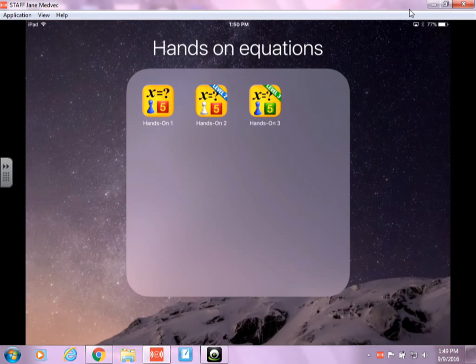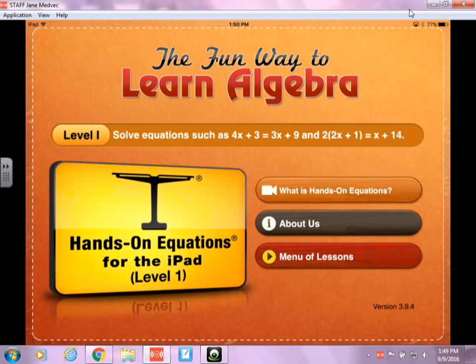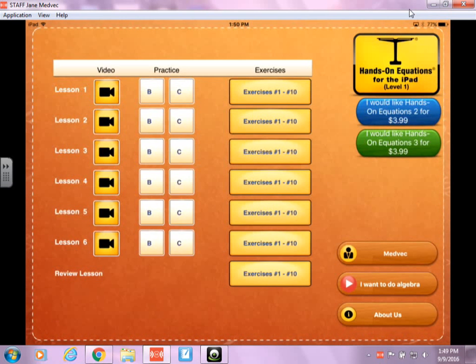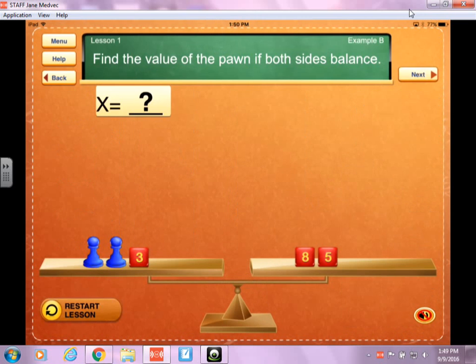Okay? Yesterday, we started downloading Hands-On Equations, and it looked like this. I'm going to help you later, and I'm going to get you through the menu. And we're going to do exercise B first. Now, if you take a look at this, you're going to notice that there are 2 little pawns. Do you see that? And they're blue. Do I know what they're worth?